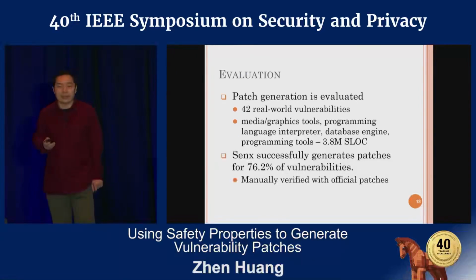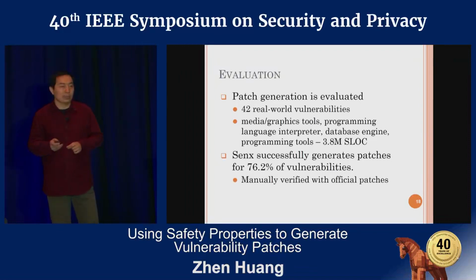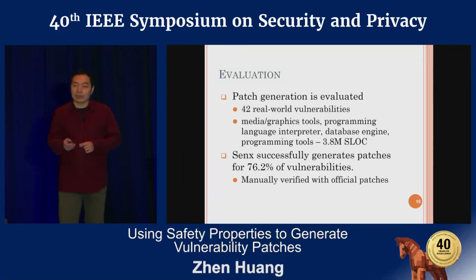We evaluated Sinks on 42 real-world vulnerabilities in 11 widely deployed applications and libraries, which in total have over 3 million lines of source code. Sinks successfully generates patches for 76% of these vulnerabilities.